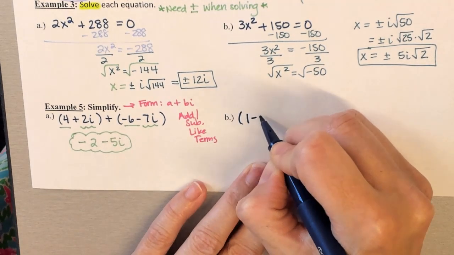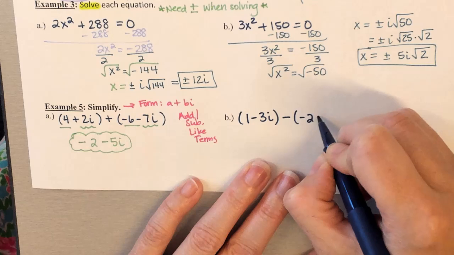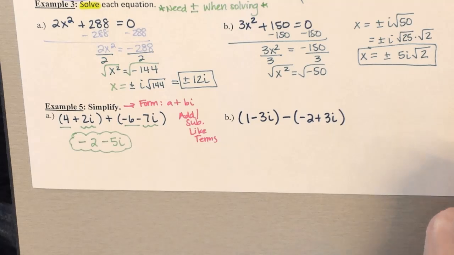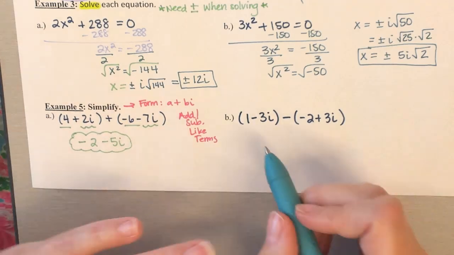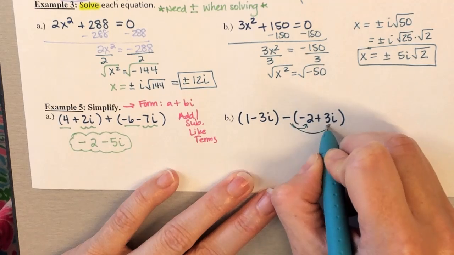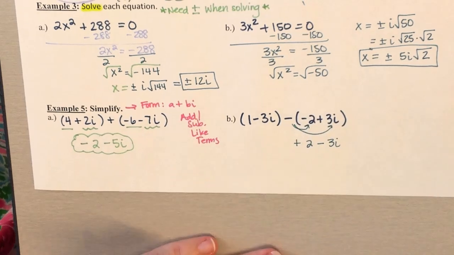When you are subtracting, you have to be a little more careful. So one thing I like to do if I'm subtracting is I will distribute the negative. Some of you guys are really good at doing that in your head, like the 1 minus the negative 2. What happens when you minus a negative? It becomes a positive. So it's a positive 2 and then a minus 3i.